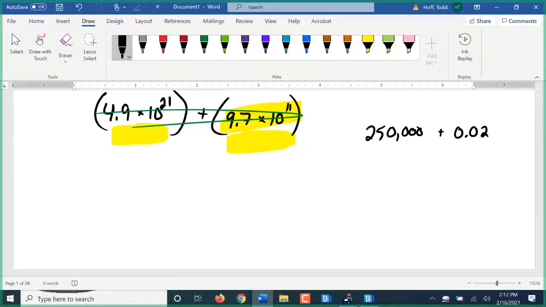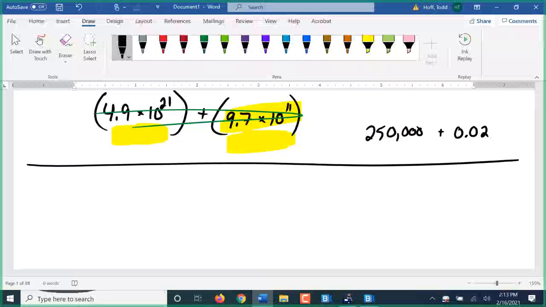I was also thinking like 1.65 times 10 to the, let's say, 8th power plus 6.3 plus 9 times the 5th power.